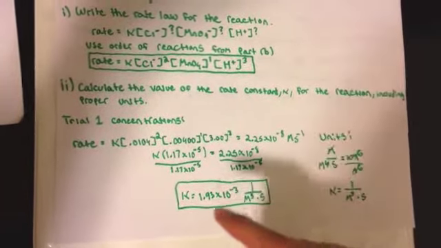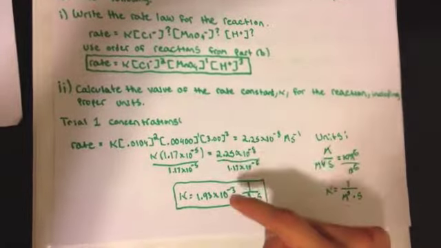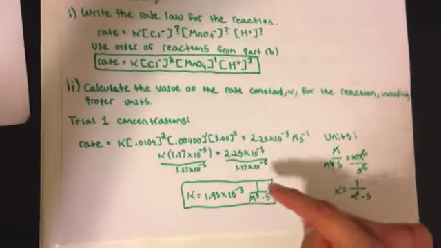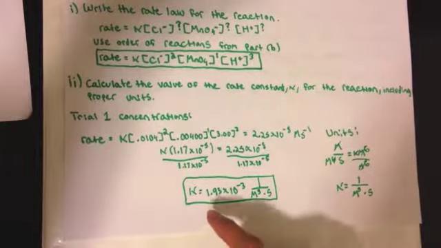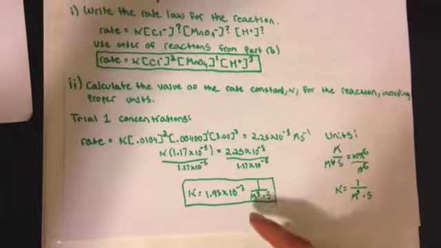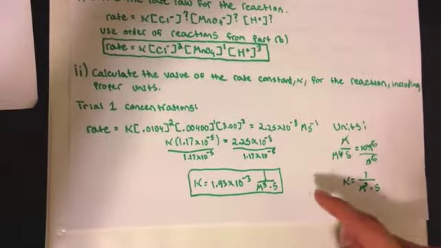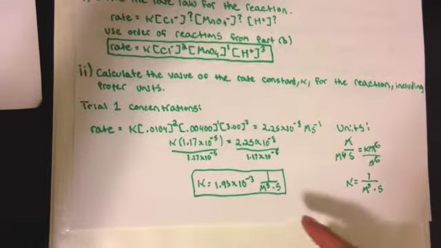So we divided 2.25 times 10 to the negative 8th by 1.17 times 10 to the negative 5th, and we got k is equal to 1.93 times 10 to the negative 3rd molarity to the fifth times seconds.